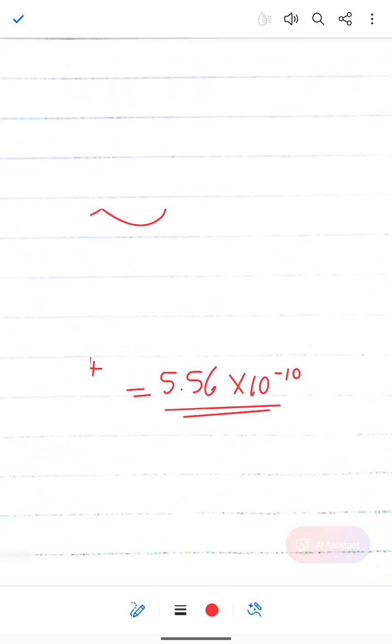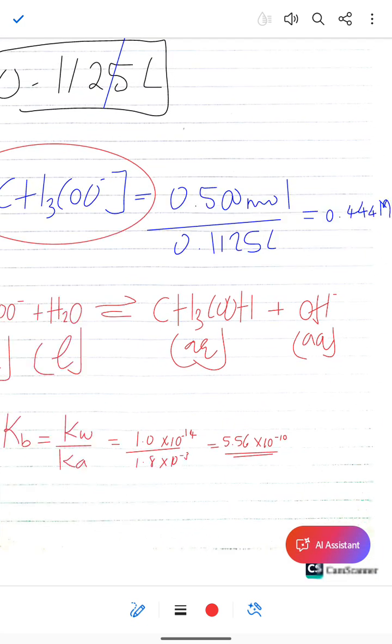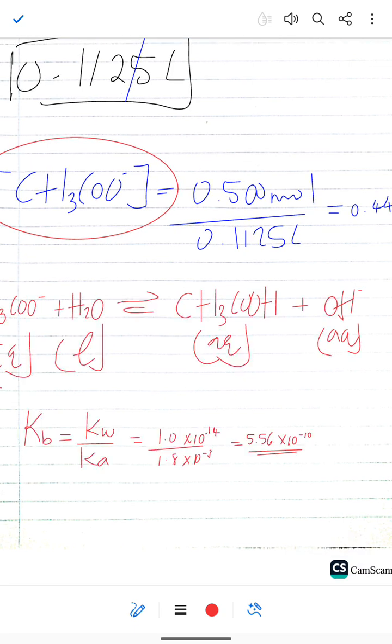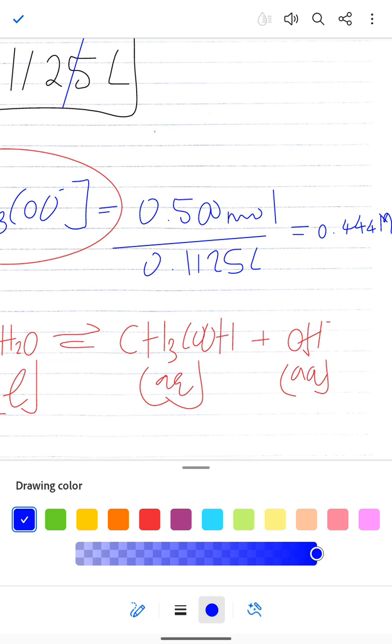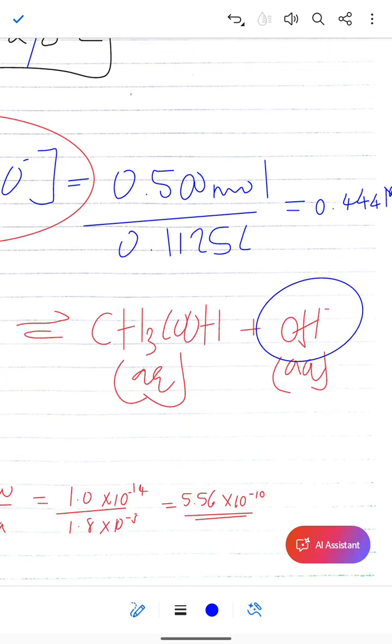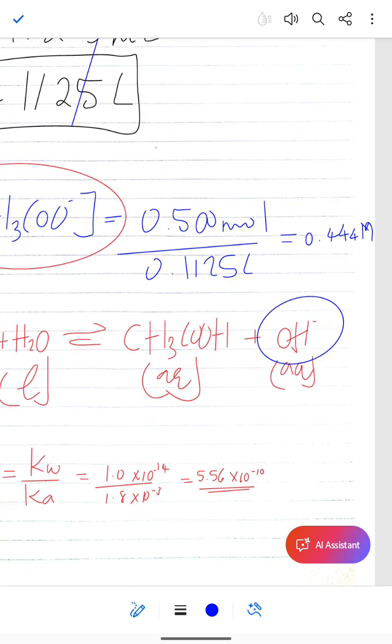Now, why do I need to find Kb? I need to find Kb so that I can use my ICE table to find the concentration of this hydroxide ion, so that I use it to find the pOH, and then I can subtract the pOH from 14 to find the pH.